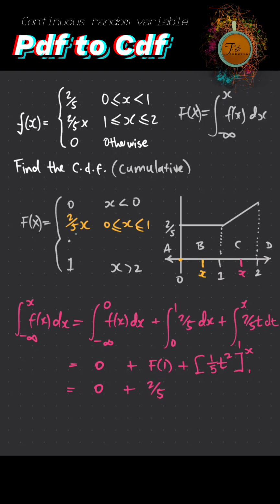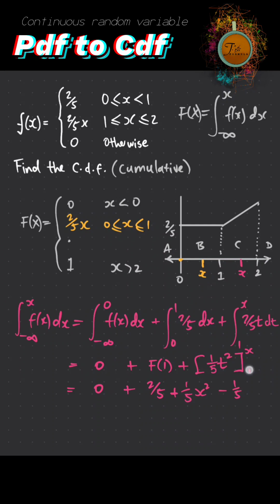So if we put 1 into our cumulative function, we get 2/5. And over here, we're just going to carry on, put the x in. So we've got 1/5 x squared. And we're going to take away when the 1 goes in, like so.